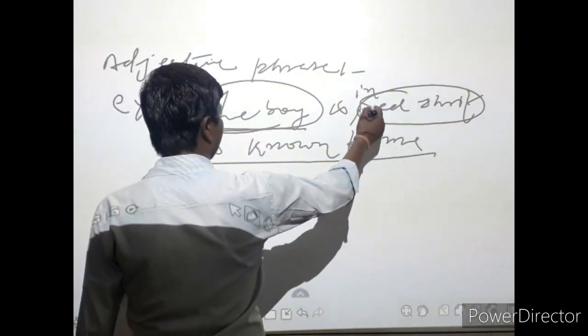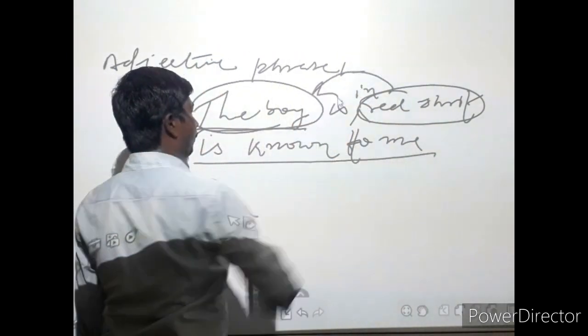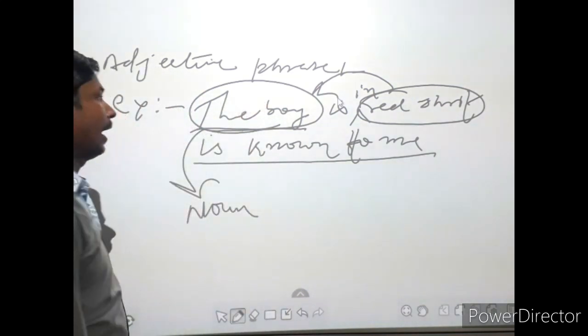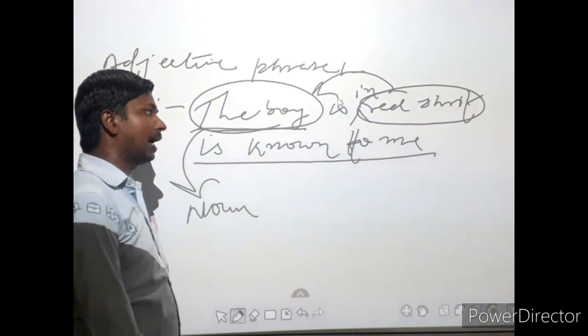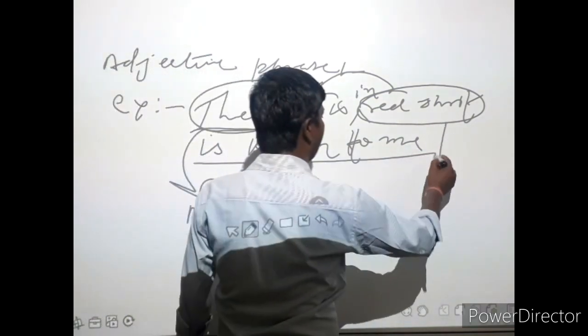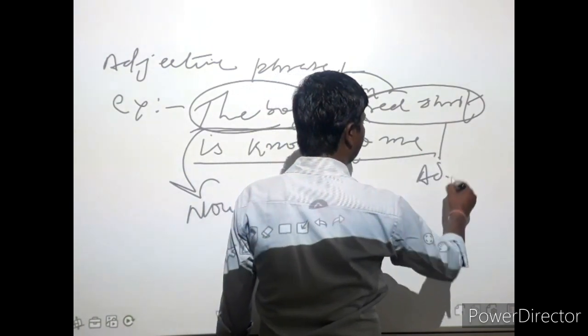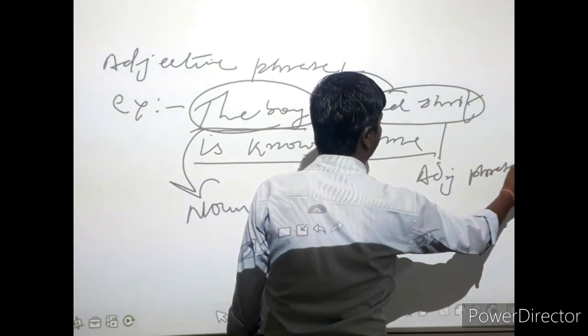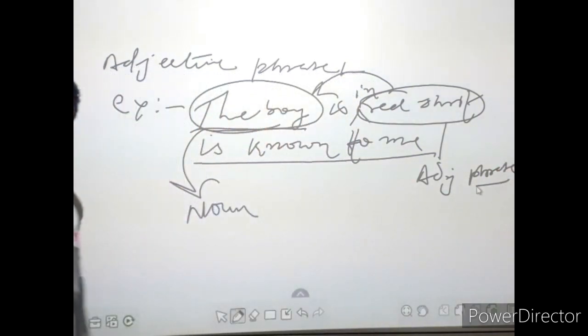Here the red shirt is describing the boy, and a describing word is known as an adjective, and here that is known as an adjective phrase.